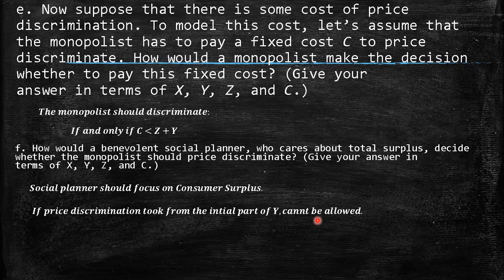The idea is to decide whether the monopolist should price discriminate. It should be the case where, when they discriminate, they don't affect the consumer surplus.